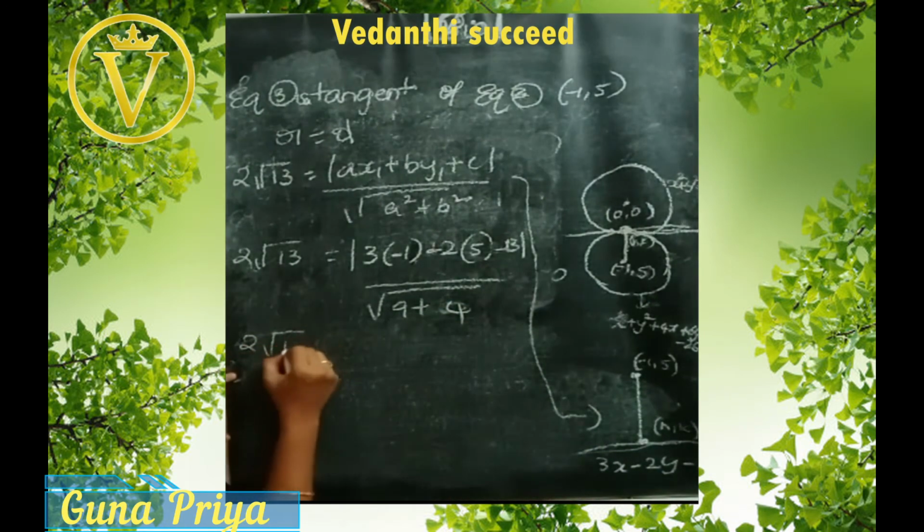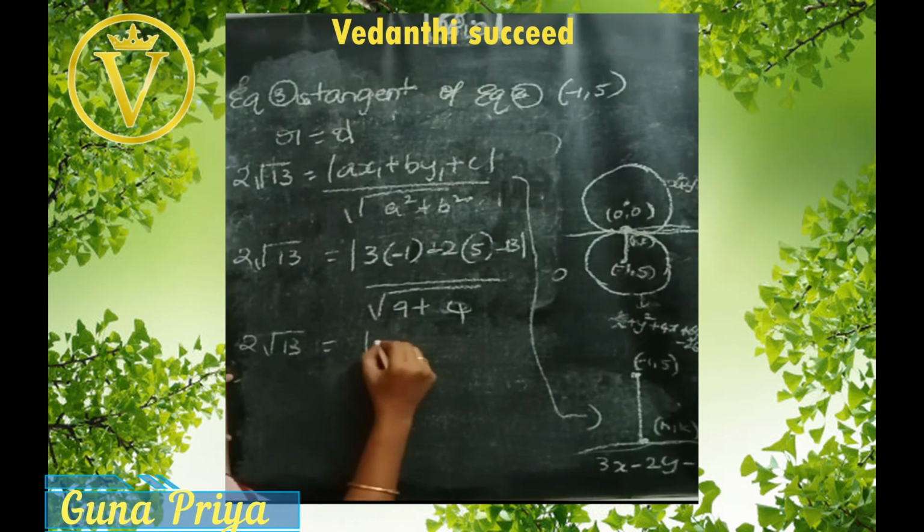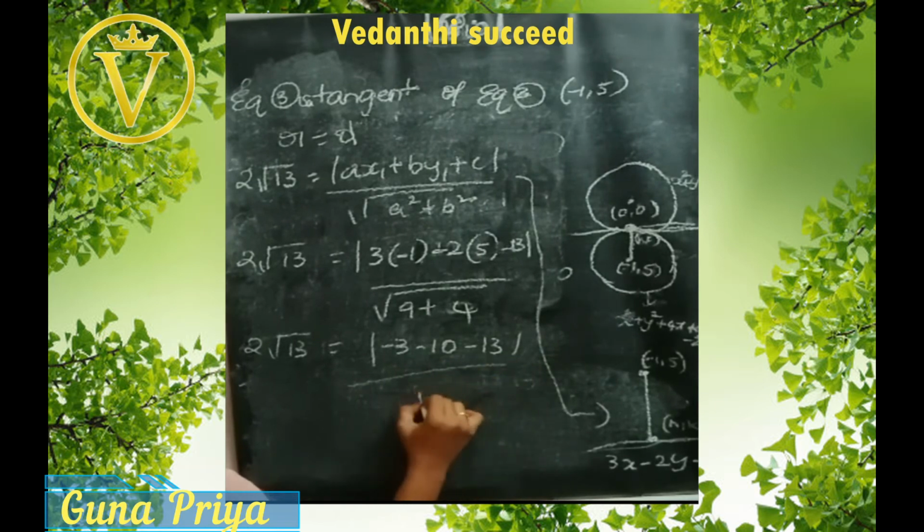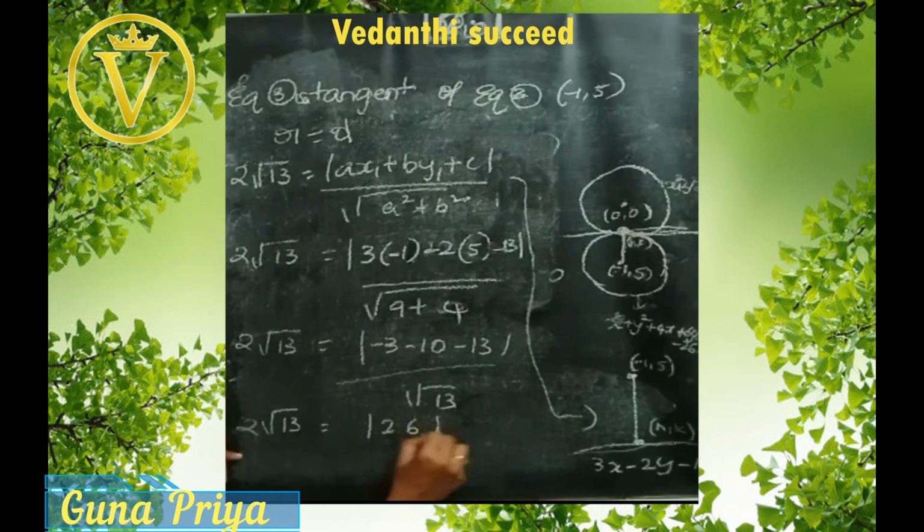So 2 root 13 equals (-3 minus 10 minus 13) by root 13, which is minus 26 by root 13.